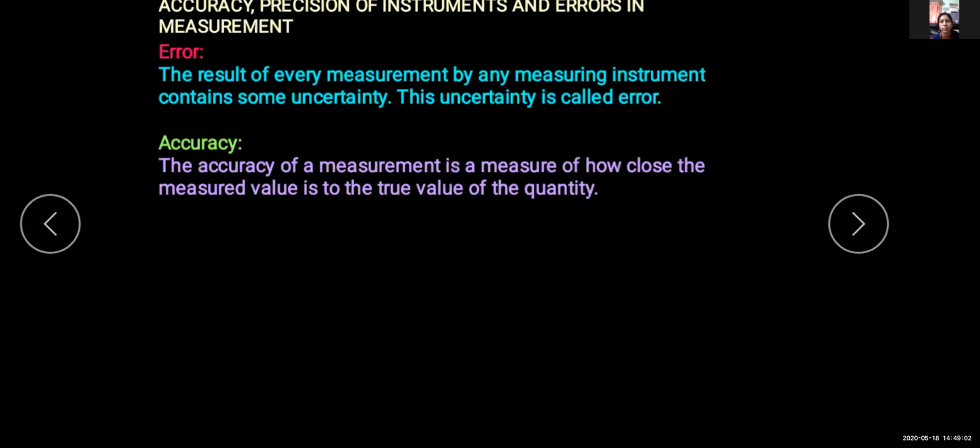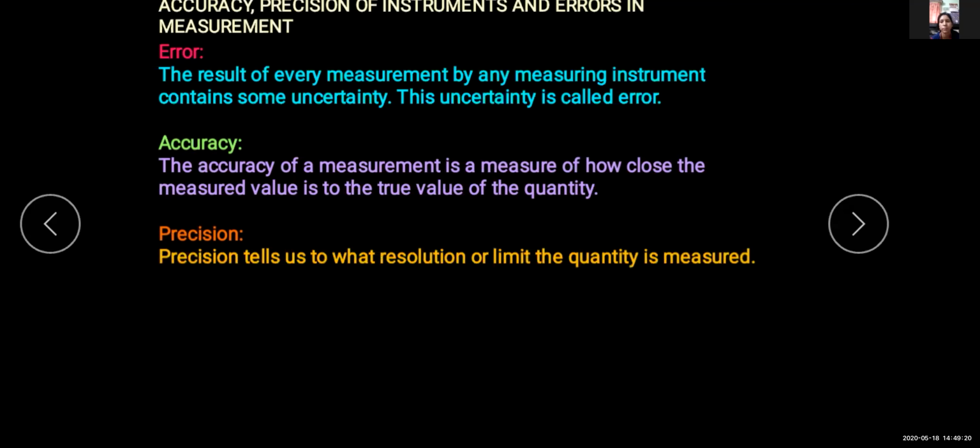So this was something about error. Now let's talk about accuracy. What is accuracy? The accuracy of a measurement is a measure of how close the measured value is to the true value of the quantity, and precision tells us to what resolution or limit the quantity is measured.